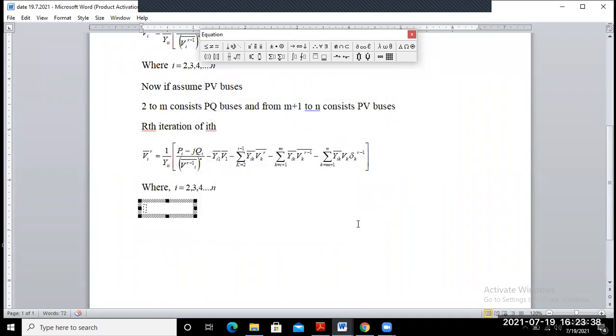We already derived the expression in the previous class: Q_i equal to minus imaginary part of, where Im represents the imaginary part.